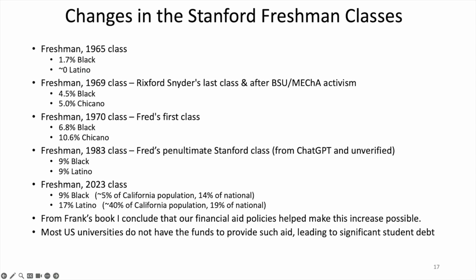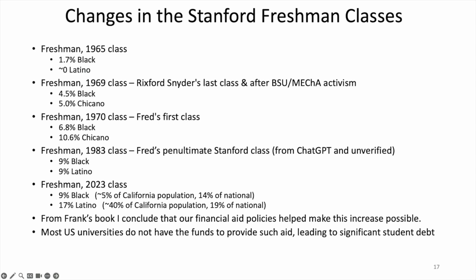Fred's first class, before these discussions, you can read the numbers, 6.8% Black and 10.6% Chicano.